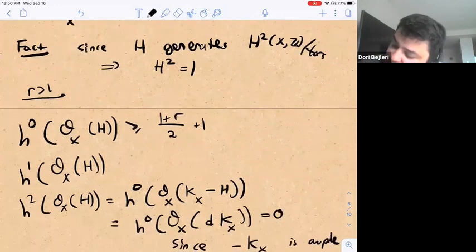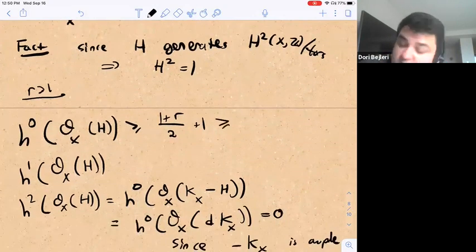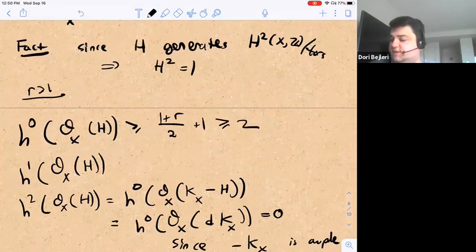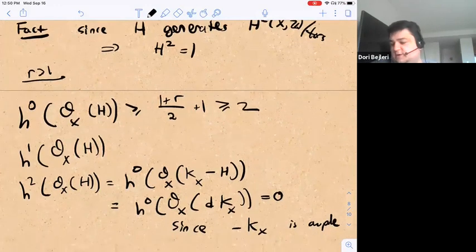And this has to be greater than or equal to 2. So this tells us, in this case where r is strictly bigger than 1, that O of H has at least 2 sections.